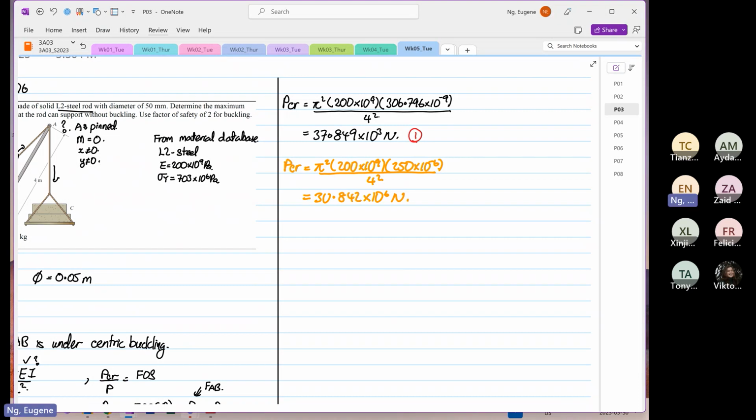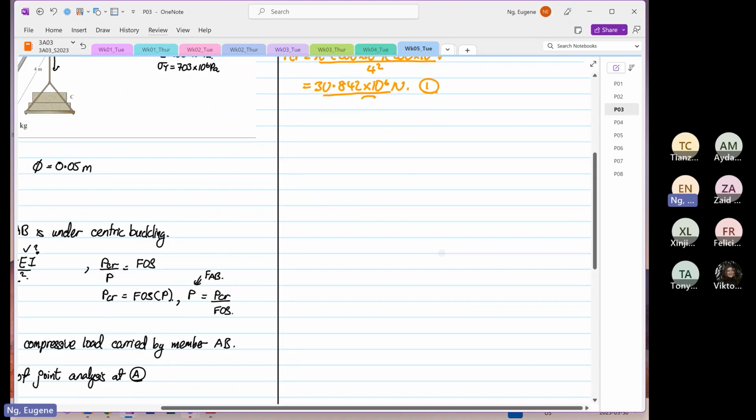So if you calculate to get this value, what happened down here is we will give you what? 1 mark. Are we clear?